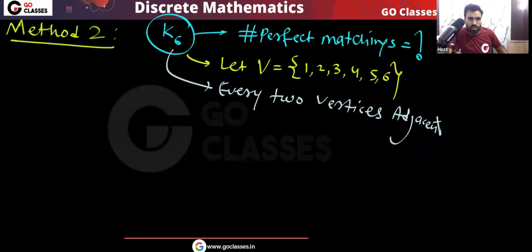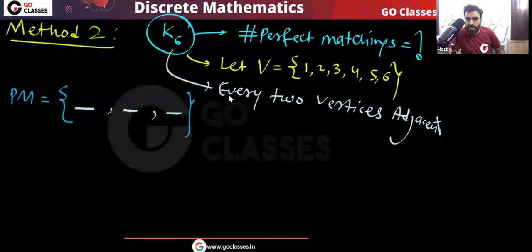The same question we can solve using another method, that is method number 2. You already know that in a perfect matching, I need 3 edges. So you can see this is a complete graph, so every two vertices are adjacent.